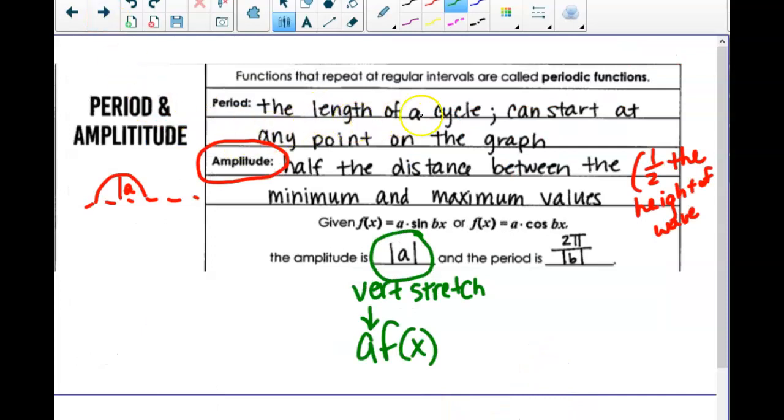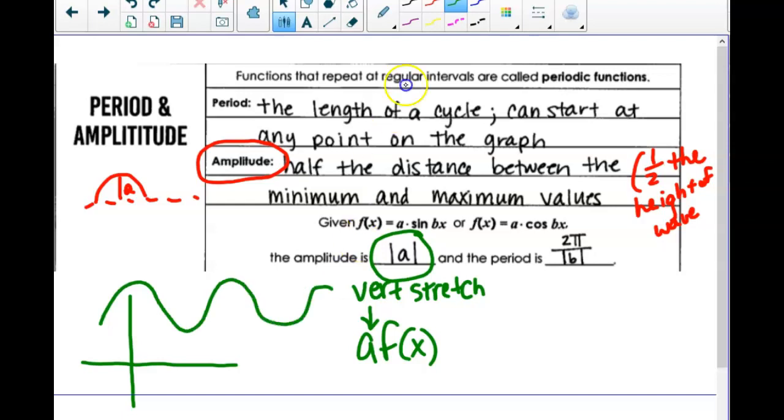So here it says the length of a cycle can start at any point on the graph. So if I have a function that's doing this, and it's supposed to look symmetric, I could start and measure from here until it goes all the way through the cycle and it finishes here. This would be a period.